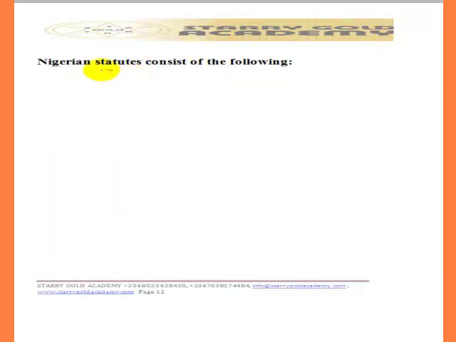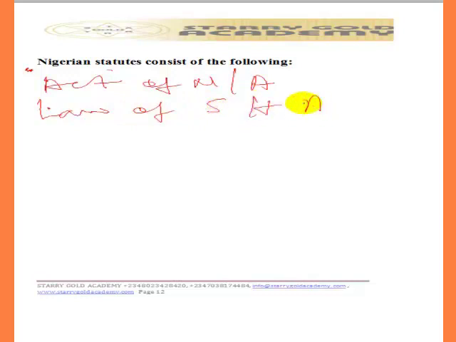Let us look at examples of Nigerian statutes. We have the Act of the National Assembly. We have the law of a state, that is, the law of the State House of Assembly.